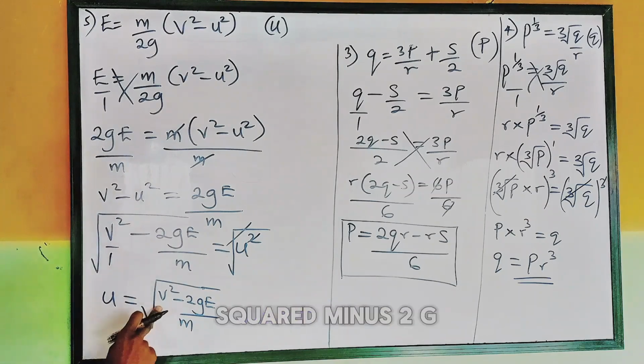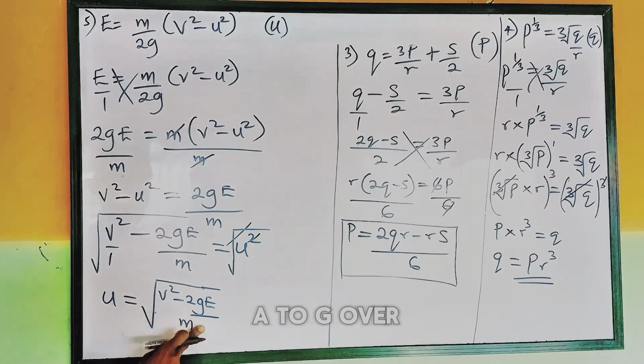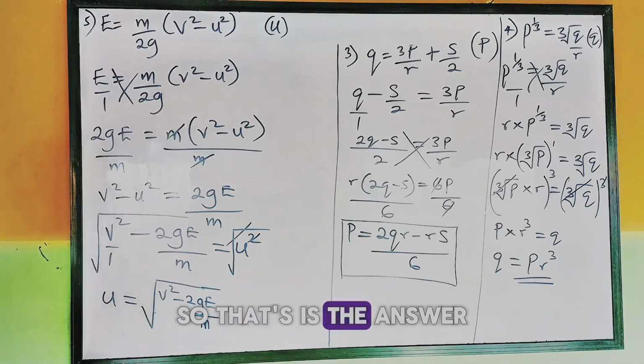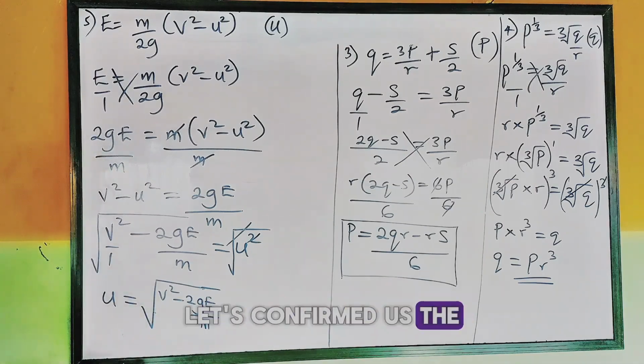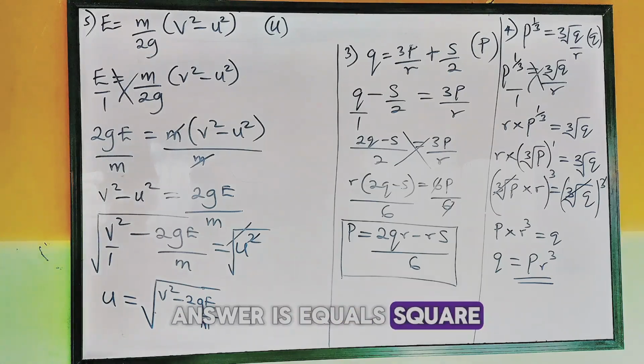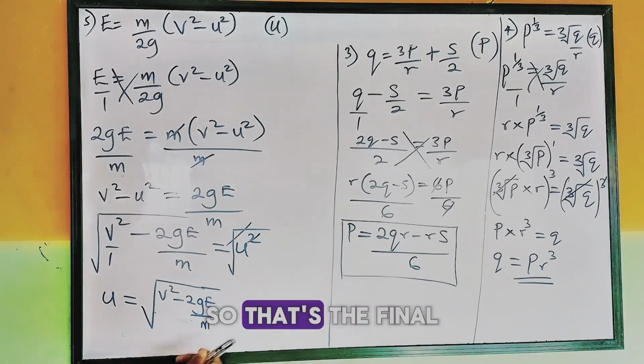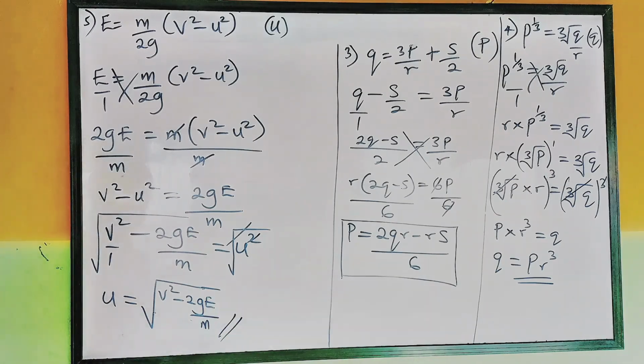So you have V squared minus 2GE over M. Right, so that is the answer. So let's confirm that the answer is U equals square root of V squared minus 2EG over M. So that's the final answer, we're correct.